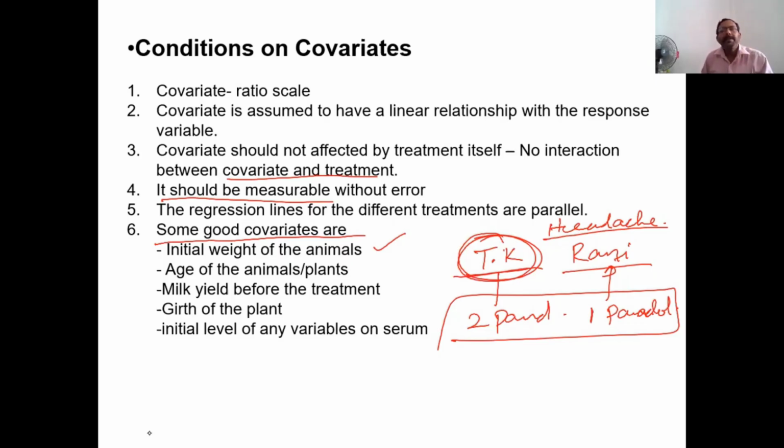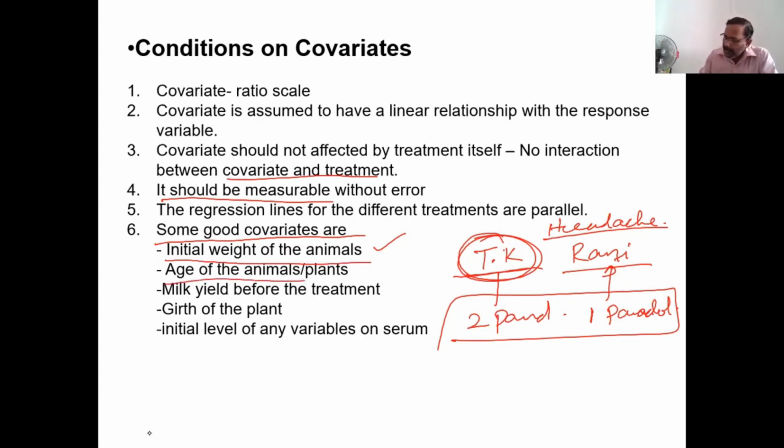The animals are in different conditions. One typical difference is weight. I cannot take the same weight in 2 animals. Impossible in a small group. If you take within Sri Lanka, yes, but when you try to do the experiment, not possible. So initial weight of the animal can be considered as a covariate.